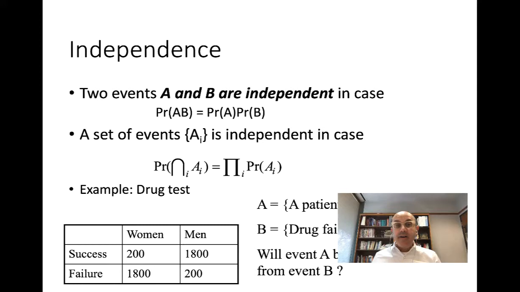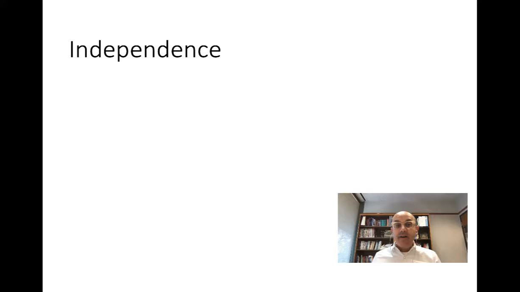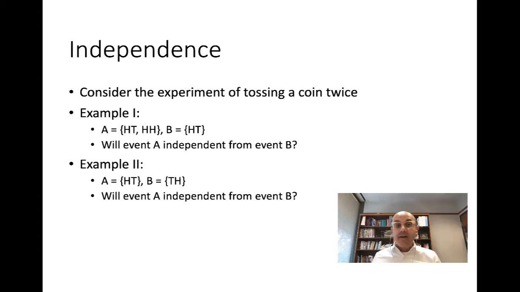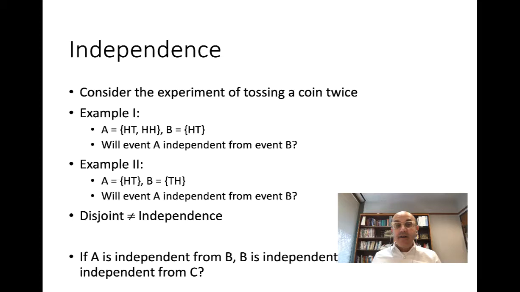Will event A be independent of event B? This is the issue of independence. Again, tossing a coin is a good example of it and how it lays out for us, and what it will consist of. And we have the ability to claim events are disjoint if they are not independent.